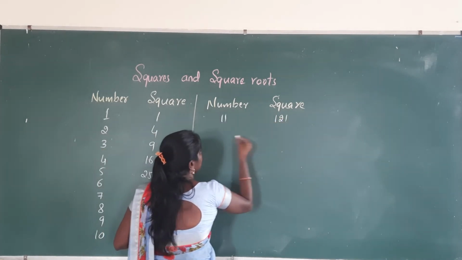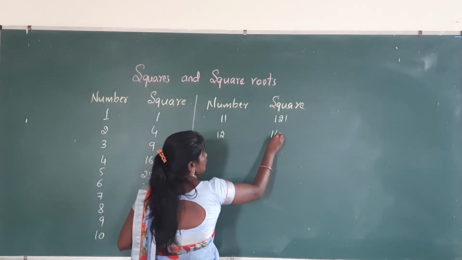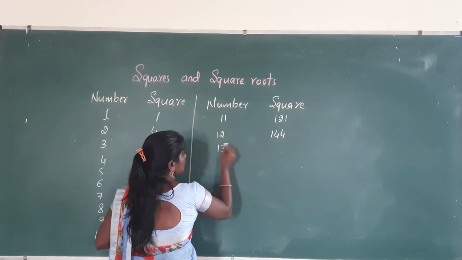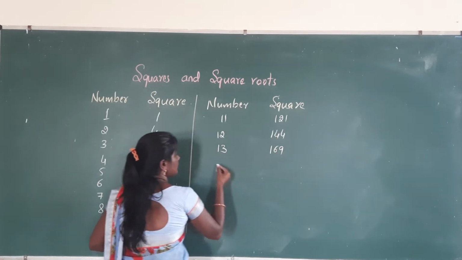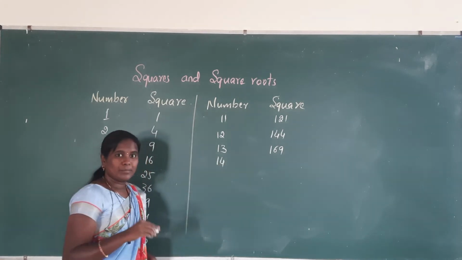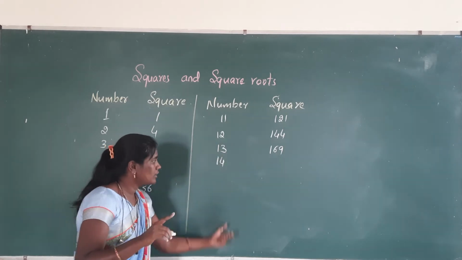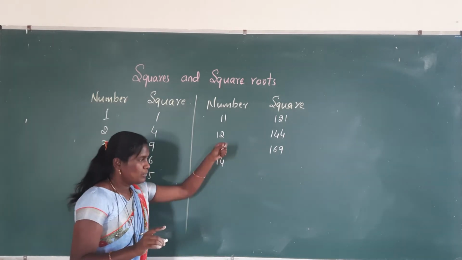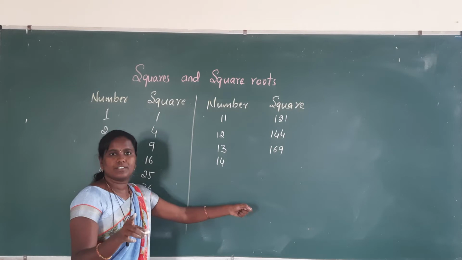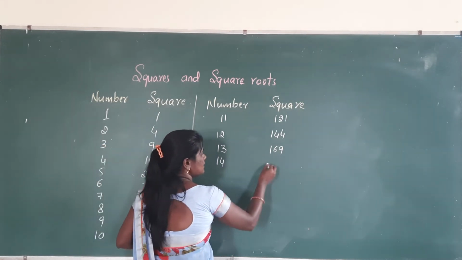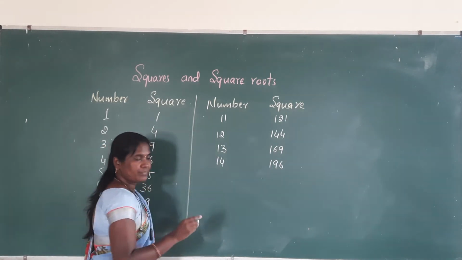Next, 11 is 121, 12 is 144, 13 is 169, 14. Before I write all these, you should finish all the square numbers. Pause the video here and finish this off. 14 is 196.